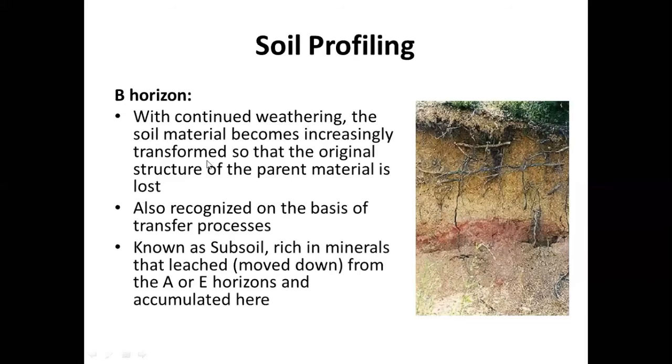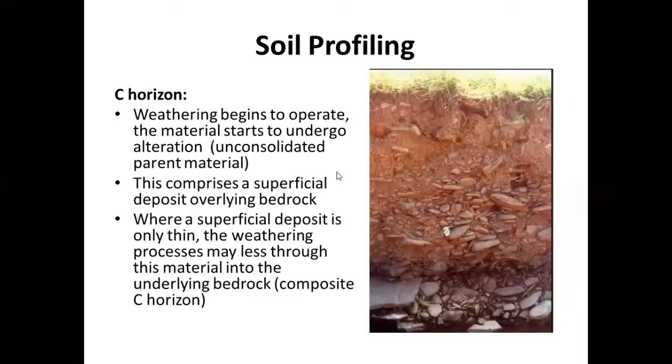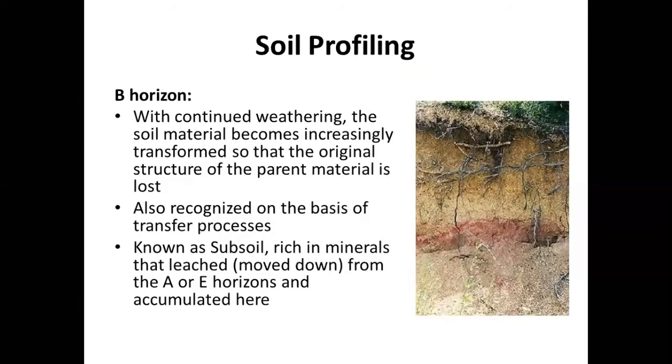It becomes increasingly transformed so that the original structure of the parent material is lost. You can see the original structure of the parent material here, but up above we cannot see some structure like this. That means it is changing. The structure of the parent material is changing in the above horizon due to high weathering factors, so that the original structure of the parent material is lost.